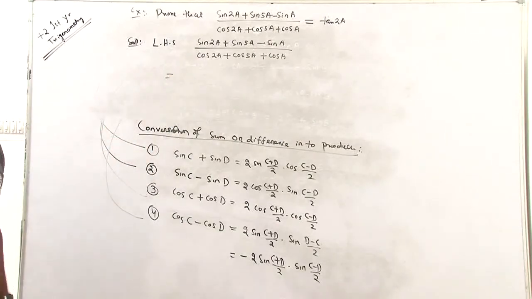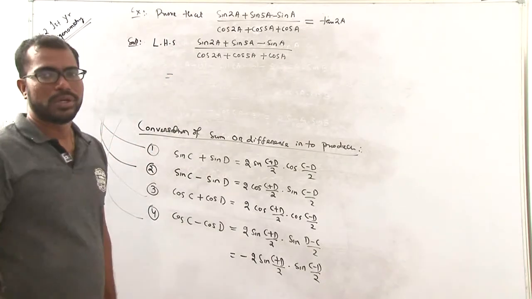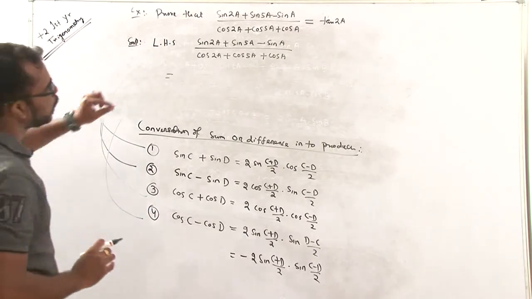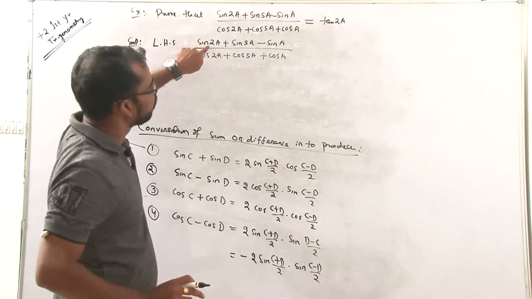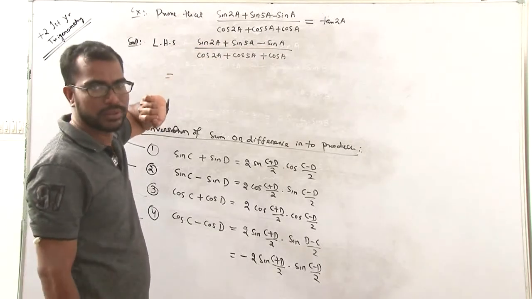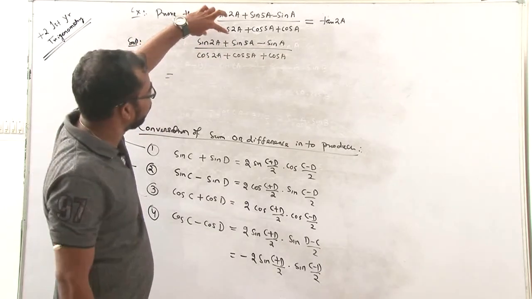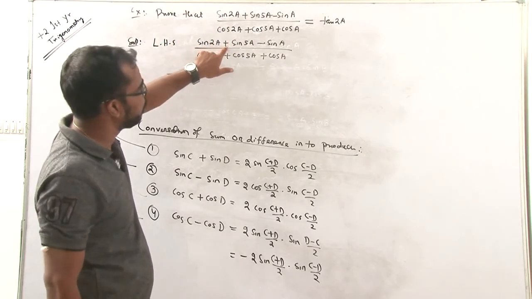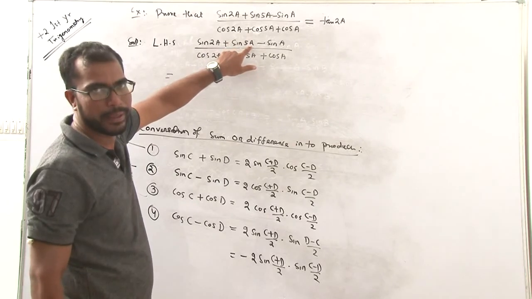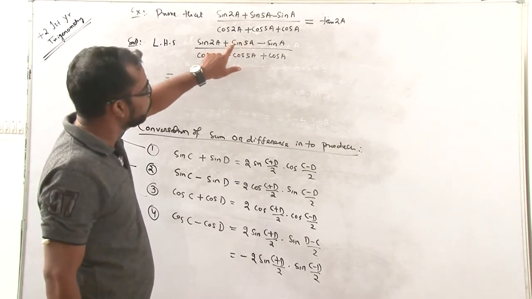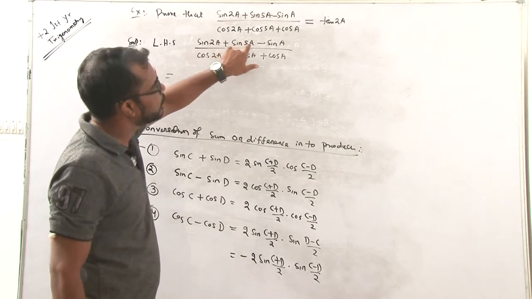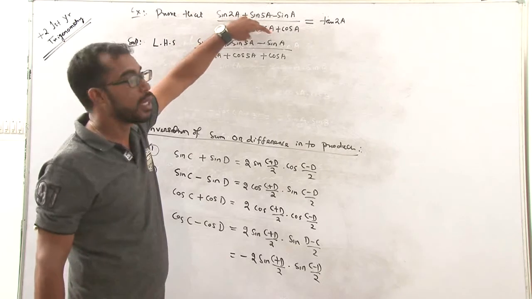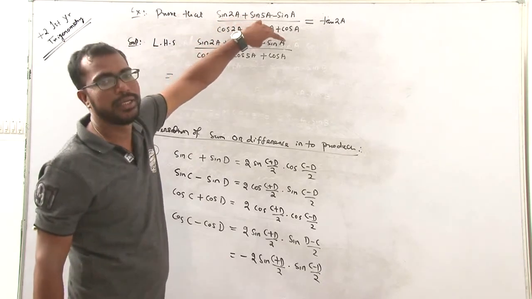Now which formula do we apply to this expression? Here you can see in the numerator there are 3 terms. If we take the first 2 terms, then we can apply sin C plus sin D. But if we take the last 2 terms, that means second and third, then we can apply the formula sin C minus sin D.